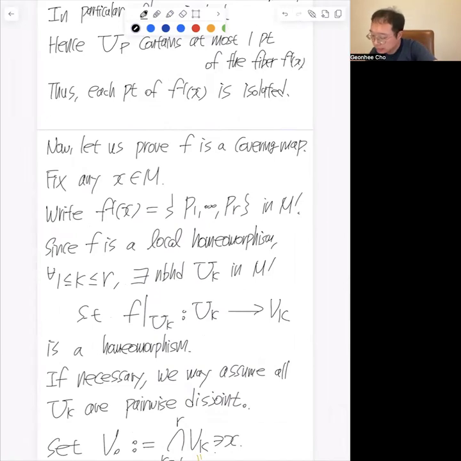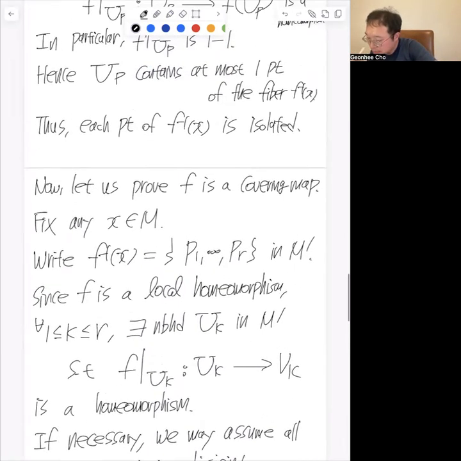So these open sets are coming from a small neighborhood of x. The picture we have is a point x, and there are a number of points that we are able to choose, p sub k and U sub k, like this.